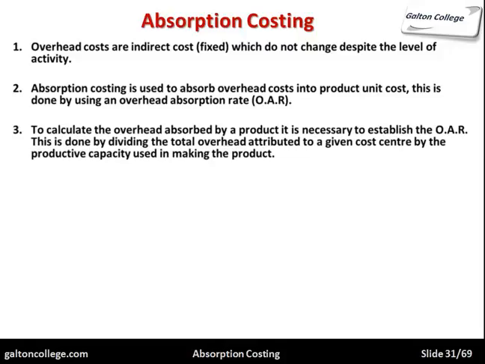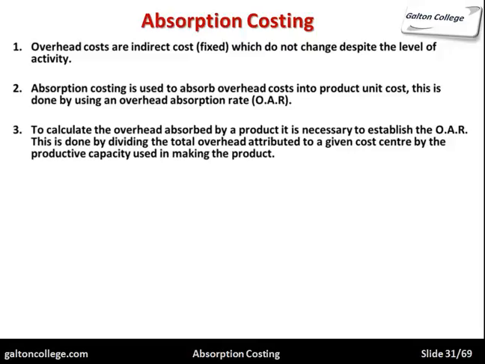To calculate the overheads absorbed by a product, it's necessary to establish the OAR, the overhead absorption rate. This is done by dividing the total overhead attributed to a given cost center by the productive capacity used in making the product.